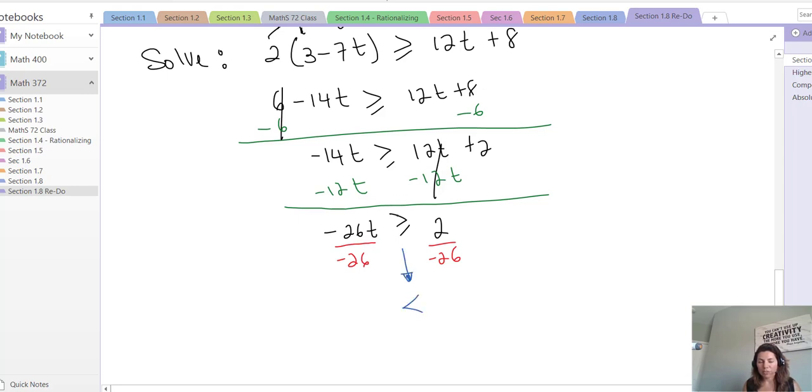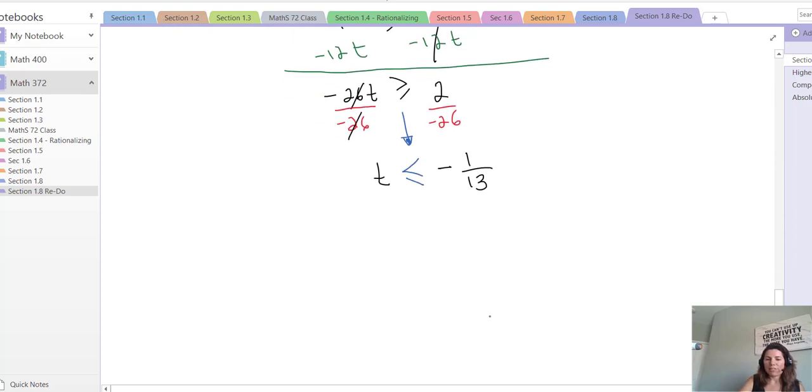It was a greater than or equal to, so it's going to become a less than or equal to. The 26 and 26 cancel. Minus divided by minus is positive, so I have t is less than or equal to 2 over negative 26, which reduces to negative 1 over 13. So this will be our answer.